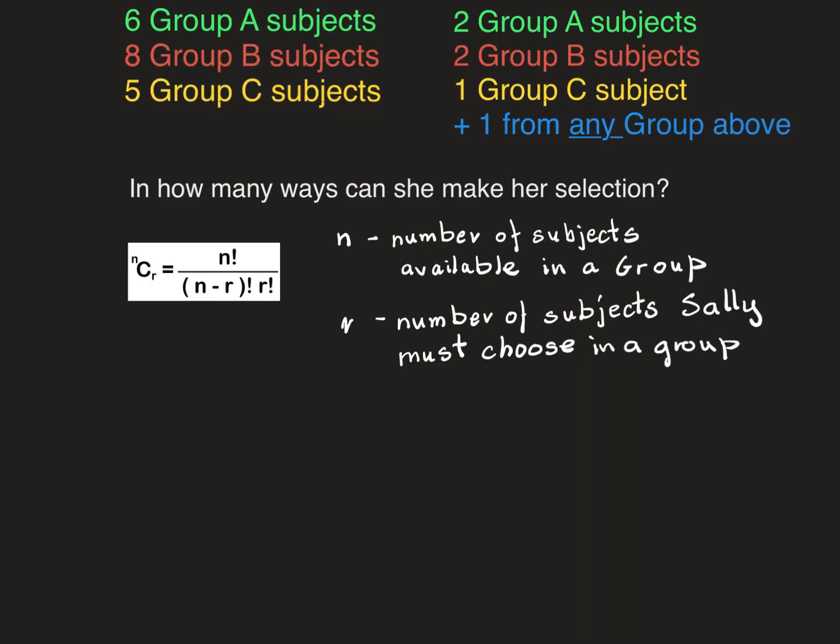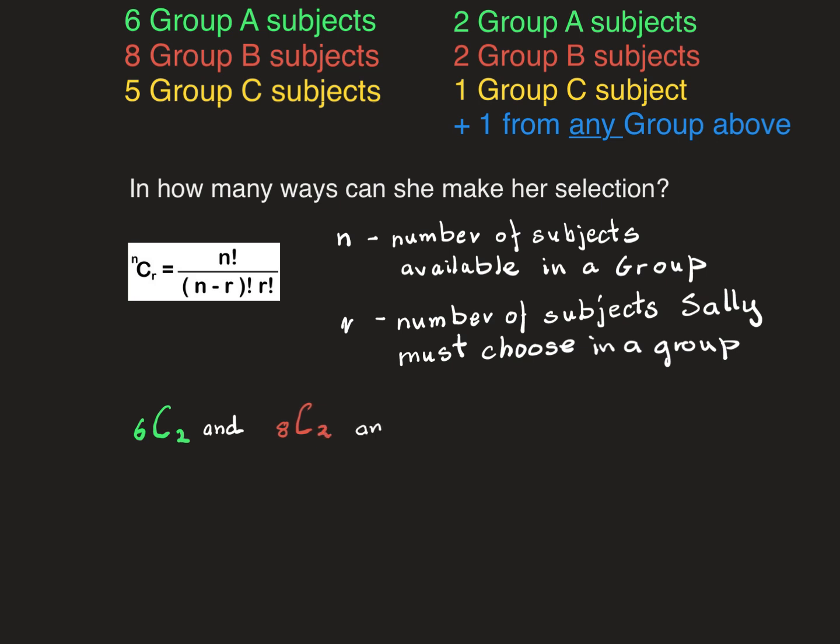Okay, so we know that she needs to choose 2 subjects from group A, and 6 subjects are available, so we write 6C2. And she also needs to do 2 subjects from group B. That means there are 8 subjects available, and she needs to choose 2.